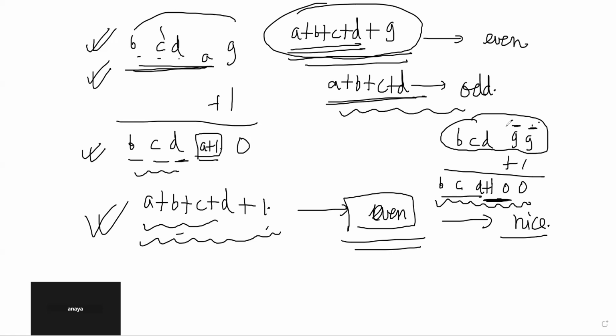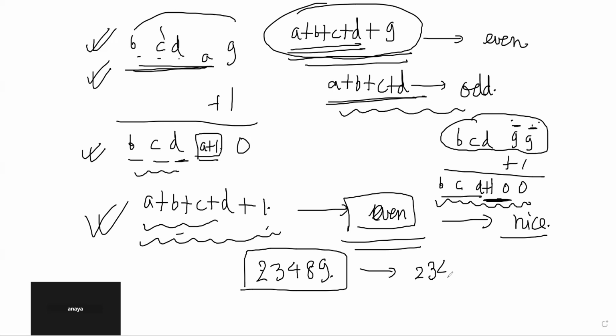So basically, now you can just figure out some numbers which will fit this pattern. One of them you have figured out. Another number that was possible is 2, 3, 4, 8, 9. It will fit because when you add 1 to it, you'll get 2, 3, 4, 9, 0, right?